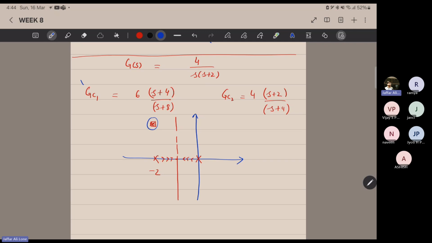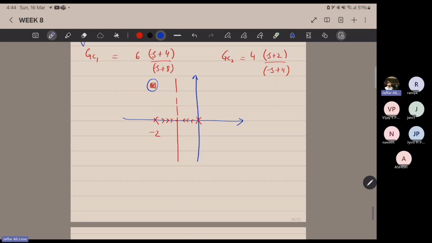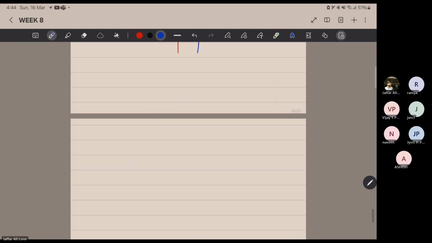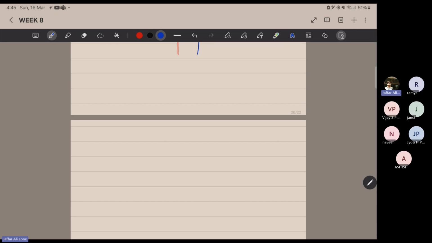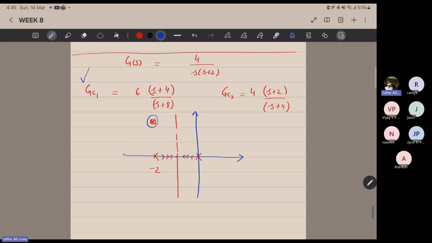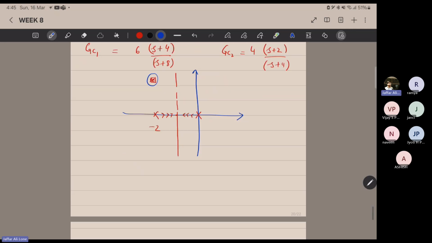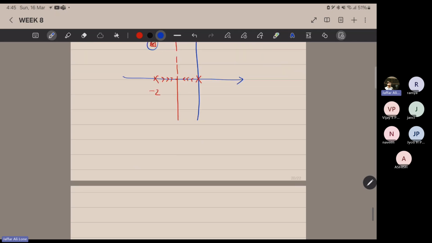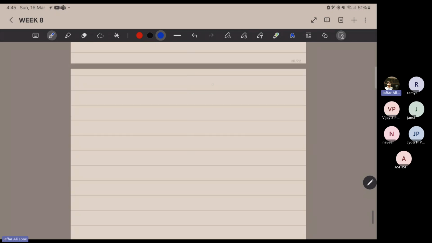Now, what happens when I use GC1? When I use GC1, it means I'm adding a zero and a pole. So let's draw the root locus again. It will be somewhere like this. We have a pole here, and we have a pole at -2. We have a zero at -4.